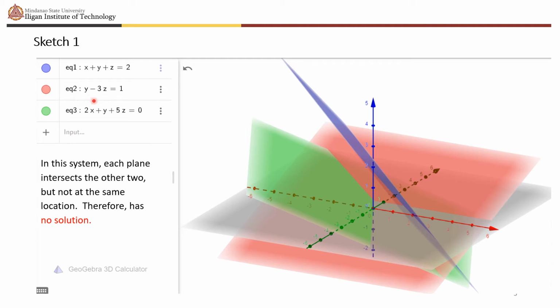Equation 2, y minus 3z equals 1, is the pink graph here. And equation 3, 2x plus y plus 5z is equal to 0, is the green graph here. Notice that in this system, its plane intersects the other two, but not at the same location. Therefore, it has no solution.